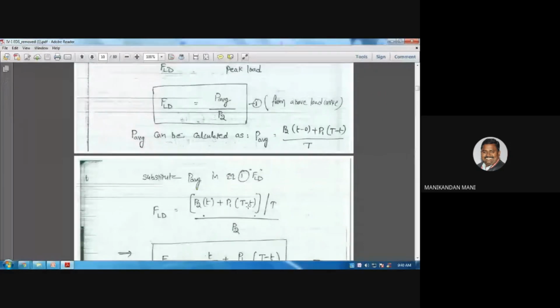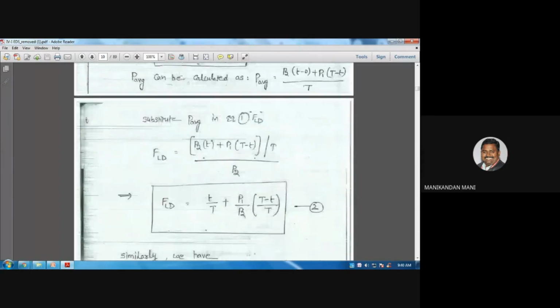We don't know the values of capital T and small t yet; once we know them, we substitute. So the formula FLD is equal to P2 of small t plus P1 of capital T minus small t, divided by total T, divided by P2. Rearranging, FLD is equal to small t divided by capital T plus P1 divided by P2 into capital T minus small t divided by capital T. So this is the second equation.